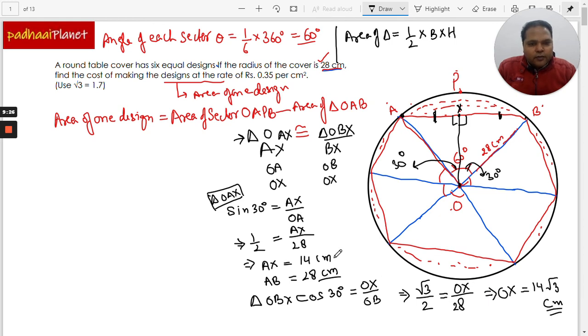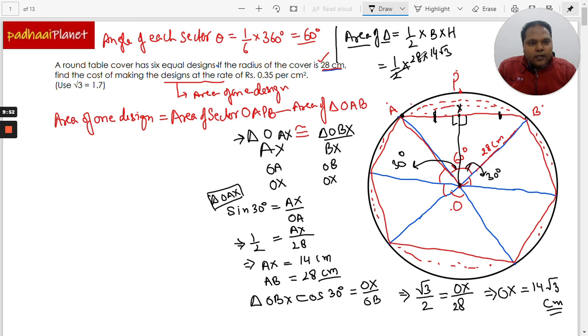So now that we've got the value of AB and also of OX, we can find out the area of the triangle. That's going to be equal to 1 over 2 multiplied by base, meaning 28, and h is height, so that's 14 root 3. So that's 14 root 3, square root 3.